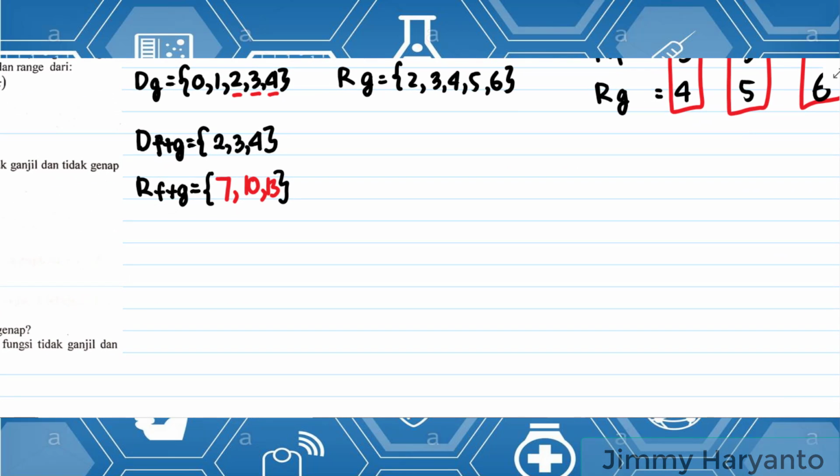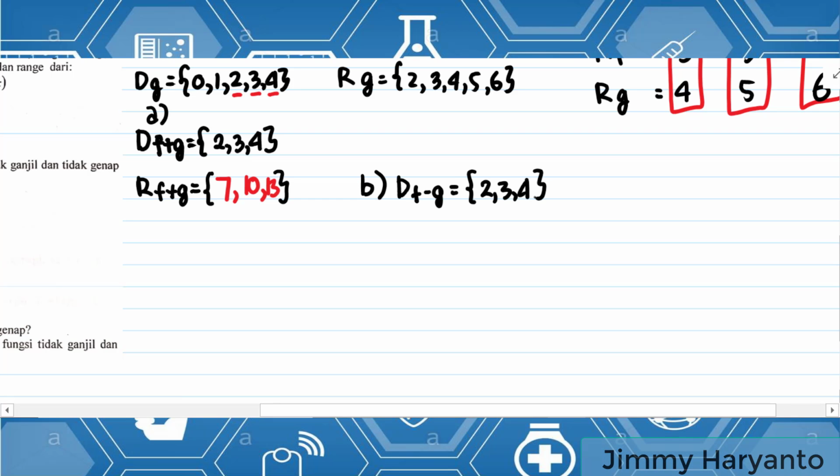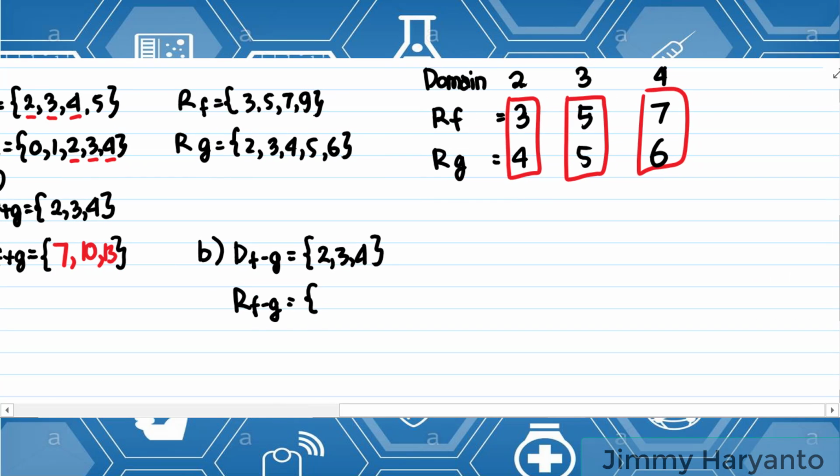This is a, and this one is b. B is minus. The domain of f minus g is also the same, the intersection: 2, 3, 4. The range of f minus g is subtraction. This time you have to subtract: 3 minus 4 is negative 1, 5 minus 5 is 0, 7 minus 6 equals 1.